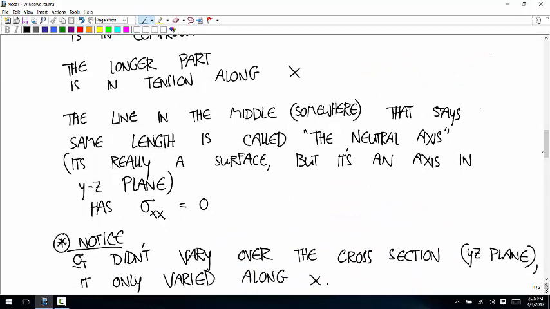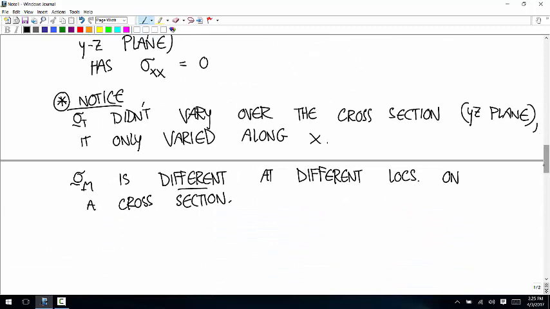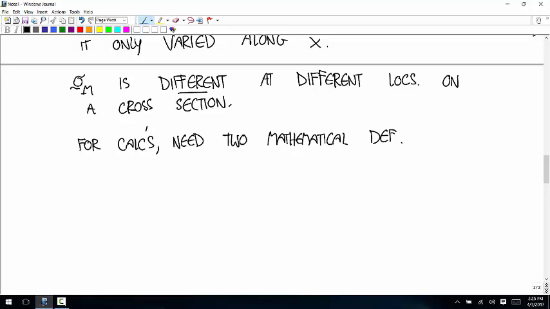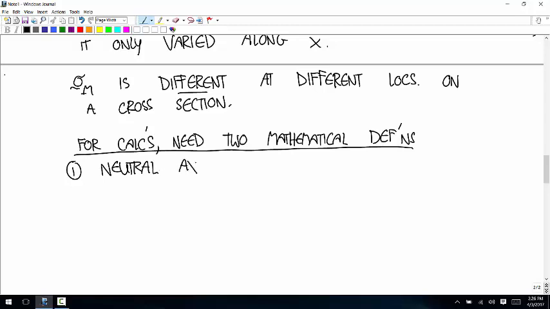Now, to do the calculations, I need to define two mathematical things. For the calculations, we need two mathematical definitions. The first one is the neutral axis. I said intuitively what that is, but we need a way to calculate where that is.